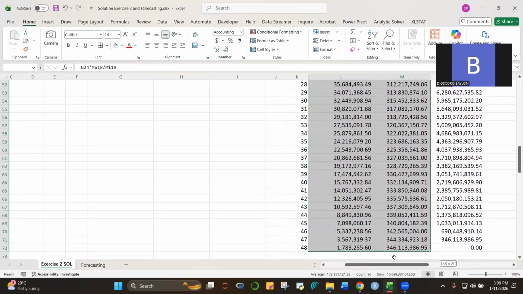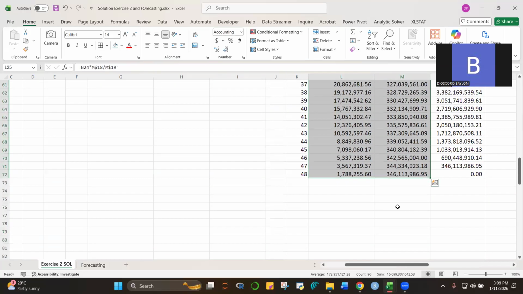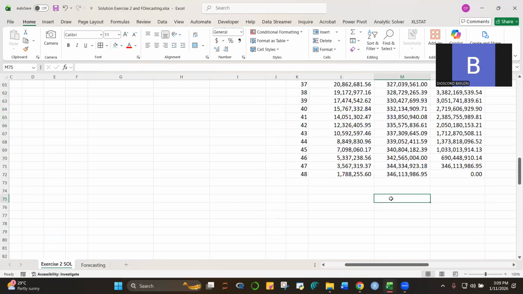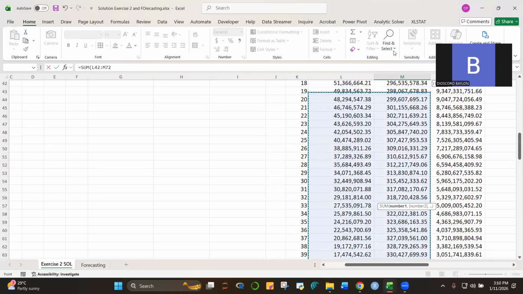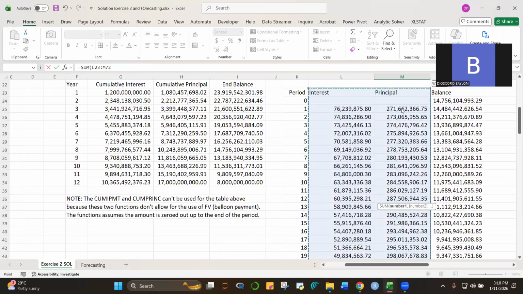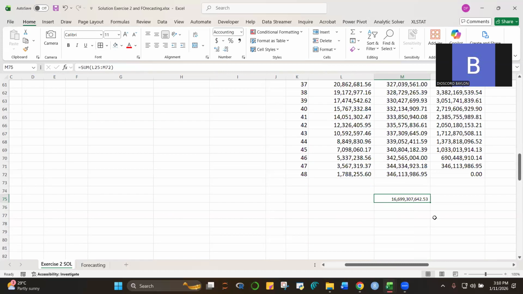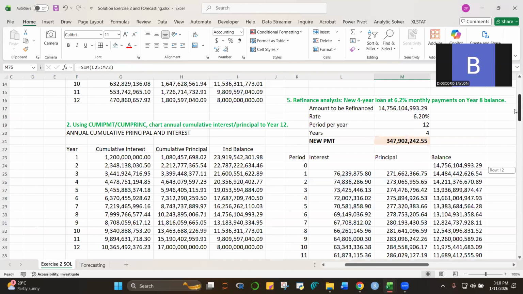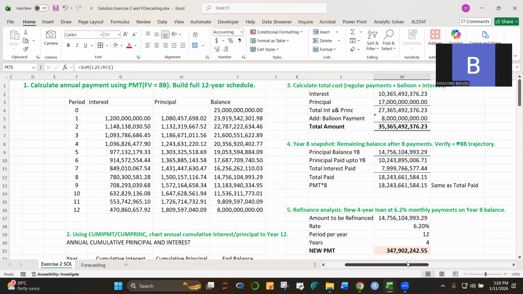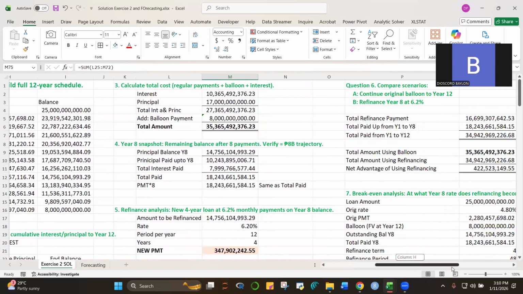If I sum the total payments, interest and principal, it is 16.699 billion. So that's the same as multiplying your amortization by the number of months.